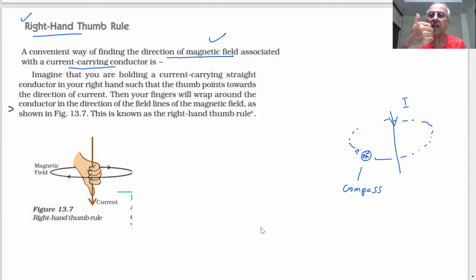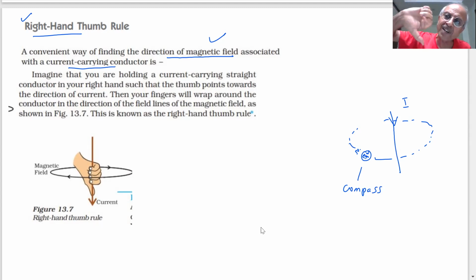This is the thumb of the right hand. If the direction of the current in the wire is along the thumb, you can see my fingers curling around. These fingers are curling in which direction? That is the direction of the magnetic field associated.